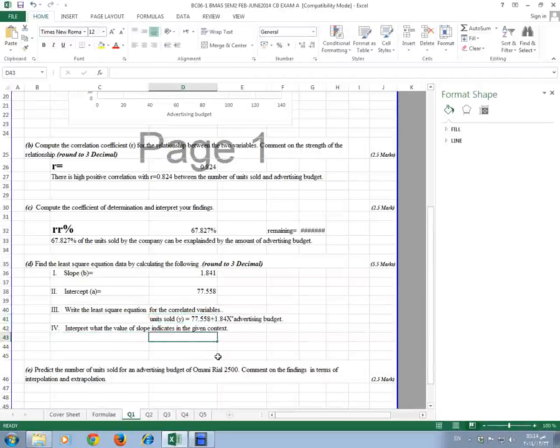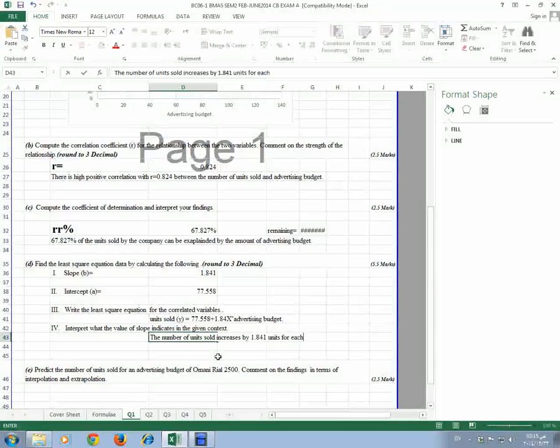It means that the number of units sold increases by 1.84 units for each 100 Riyals.